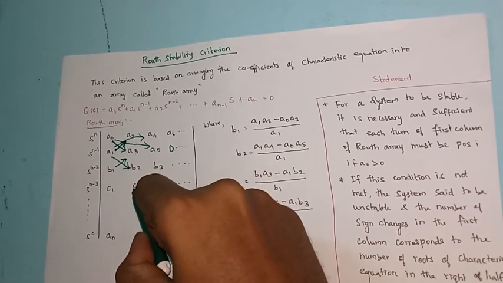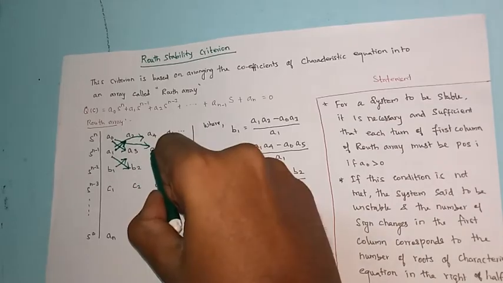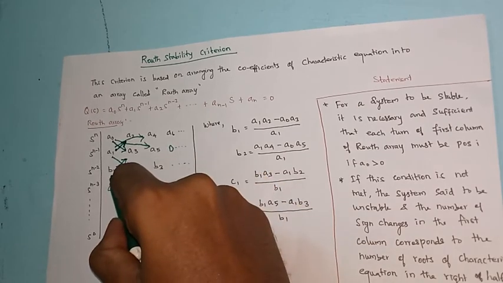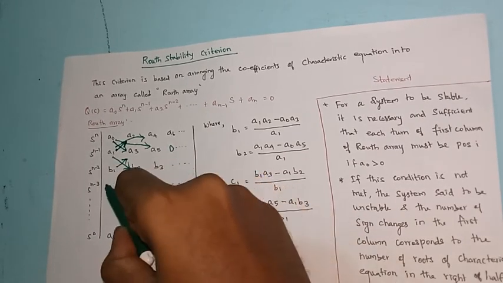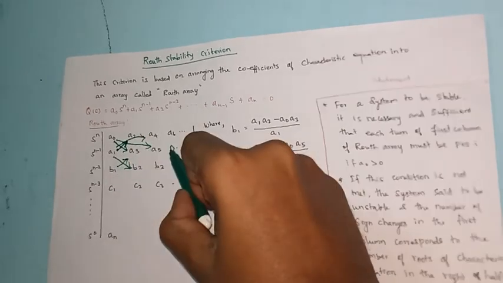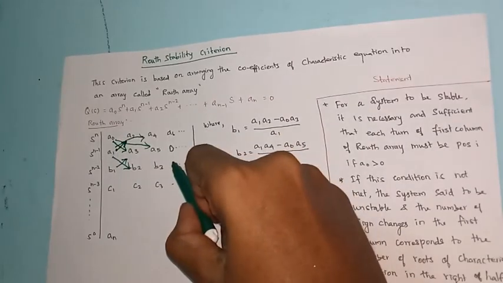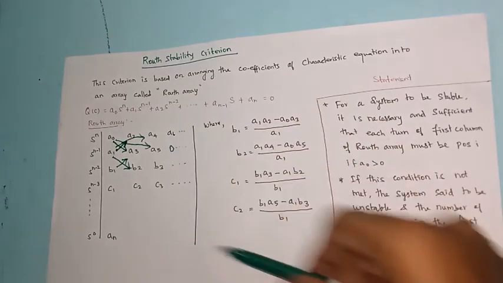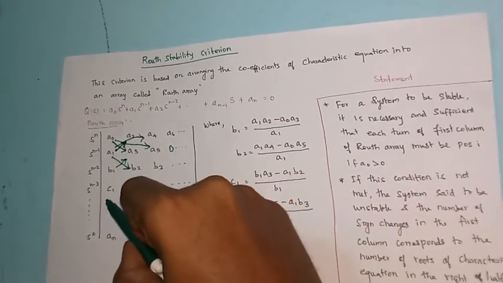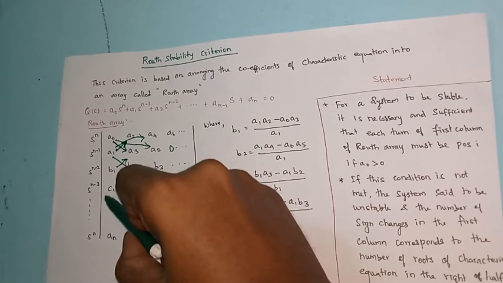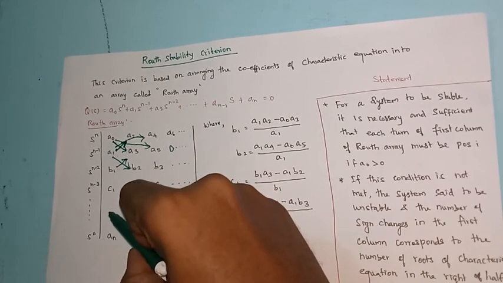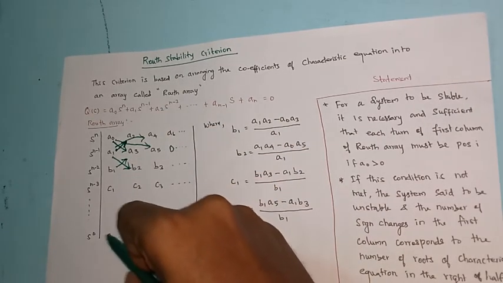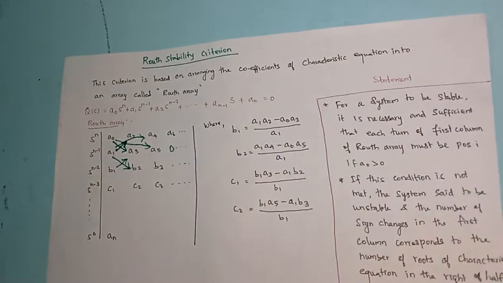Similarly c2 is b1 a5 minus a1 b3, divided by b1, and c3 is b1 times 0 minus a1 times 0, divided by b1, so it will be 0. Like that, we use this formula for all the elements, d1, d2, e1, e2 and so on, until a single element remains, down to s power 0.